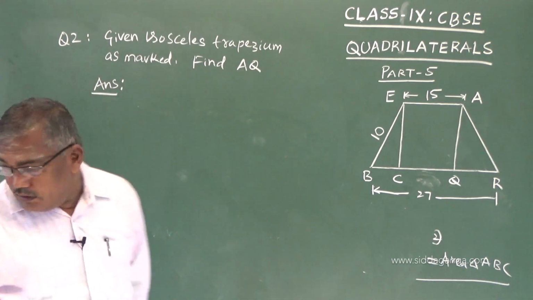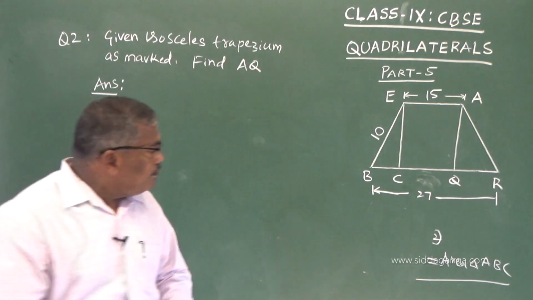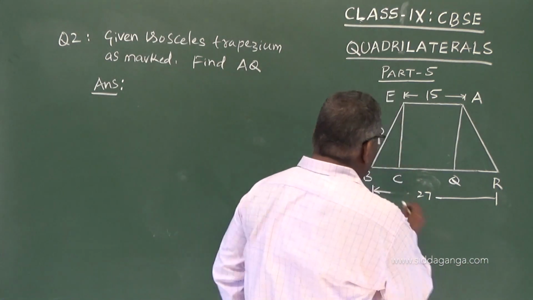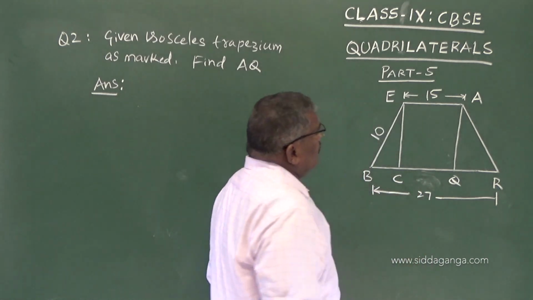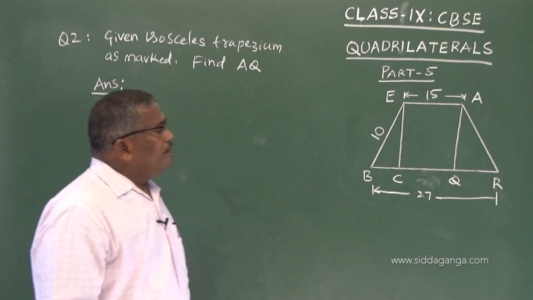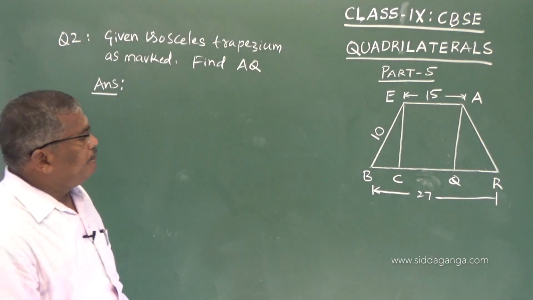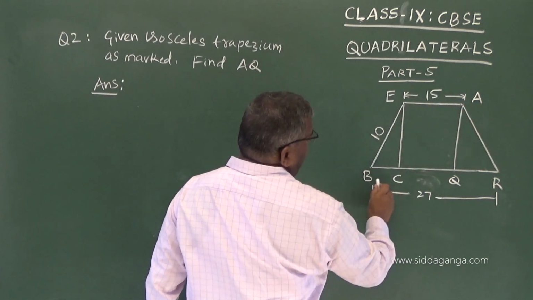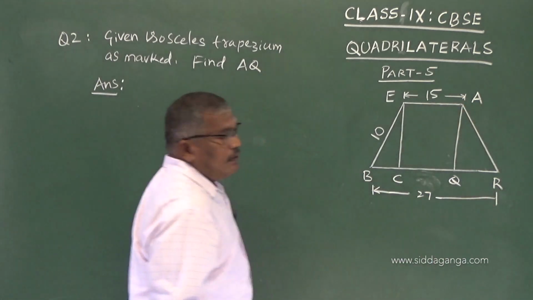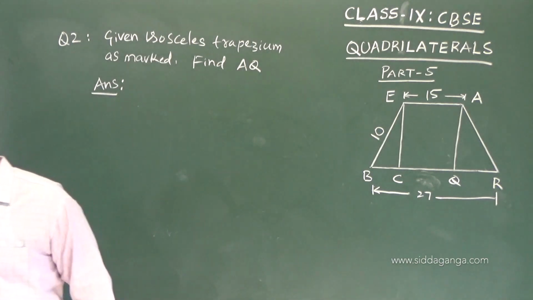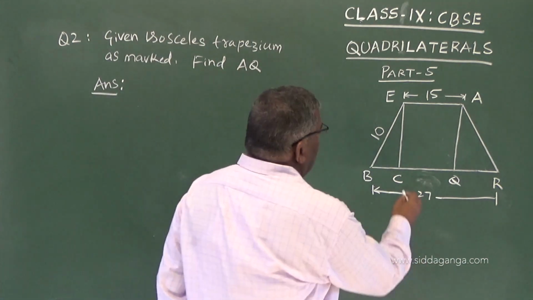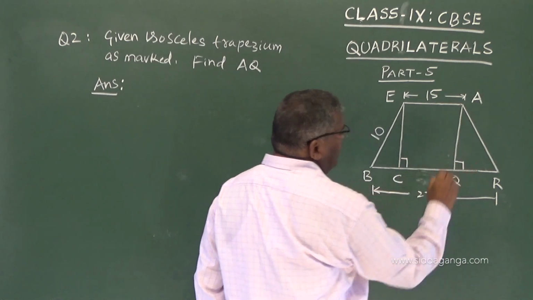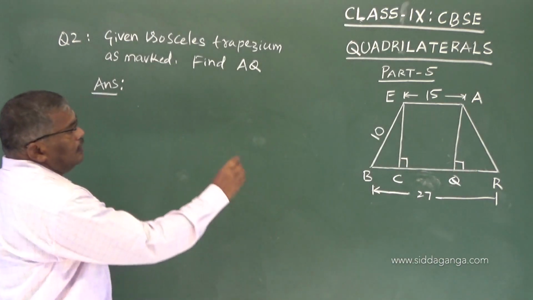Now, answer. Observe the figure here. EA and BR are parallel. So this is also given. This is 90 degrees, 90 degrees.